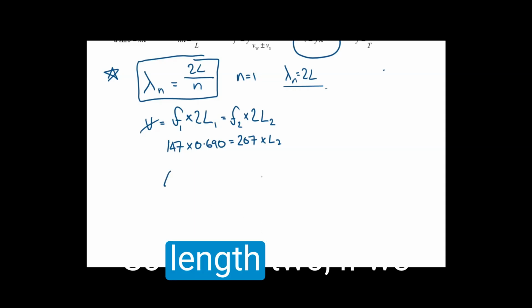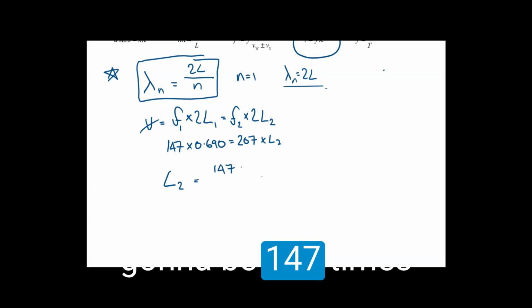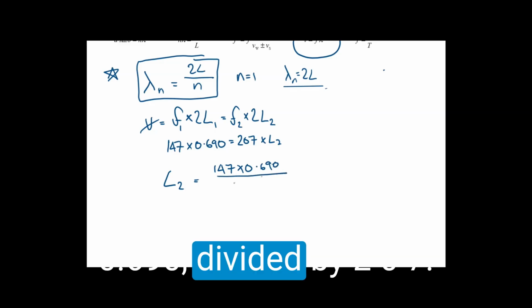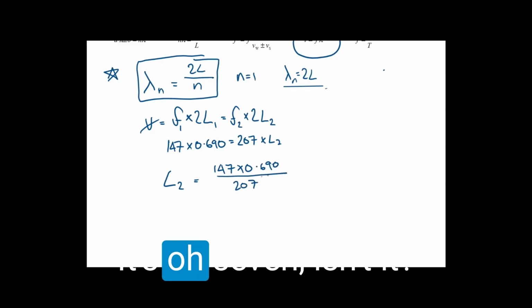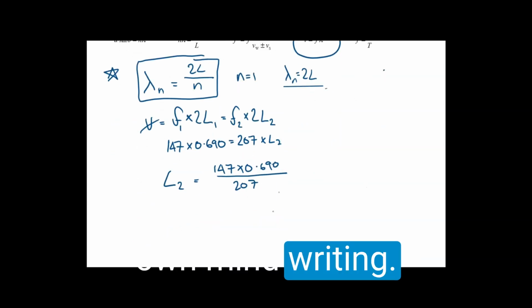If we do the algebra, length 2 is going to be 147 times 0.690 divided by 207. It's 07, isn't it? Yes, 07.